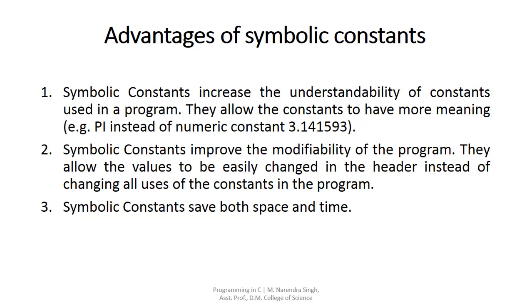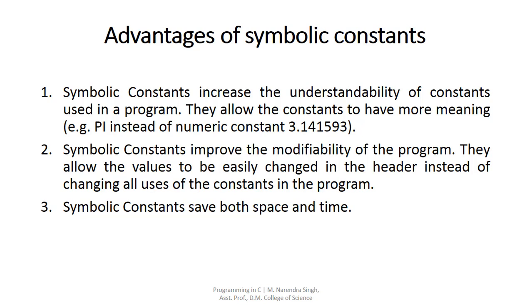Symbolic constants improve the modifiability of the program. They allow the values to be easily changed in the header instead of changing all uses of the constants in the program. For example, inside a program, we might use the value of pi 3.141593 several times. Now, if we want to modify this value, then we have to modify every occurrence of this numeric constant inside the program.